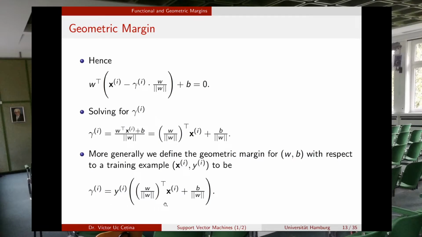The only difference, if you notice, is that here the vector w is divided by its own norm, and we also take this norm to divide the parameter b, the bias. Okay, and we have again a product, which in this case is the label for that example i, and this factor here will be the result of evaluating our point in this expression.